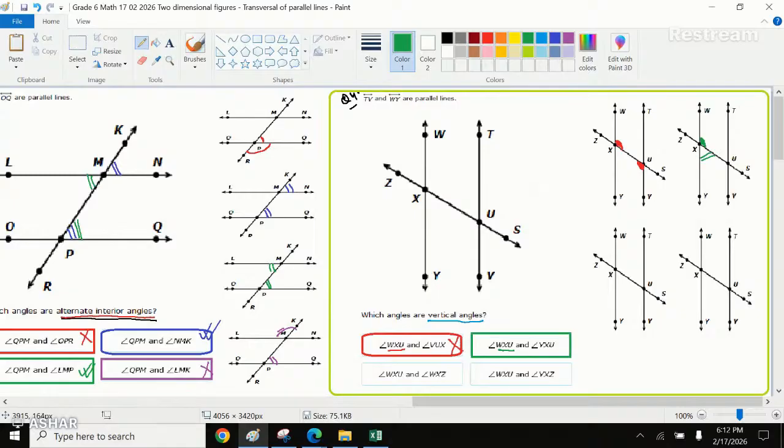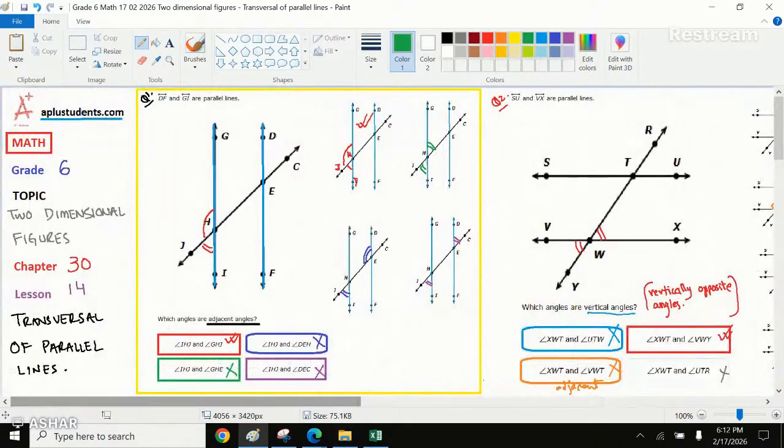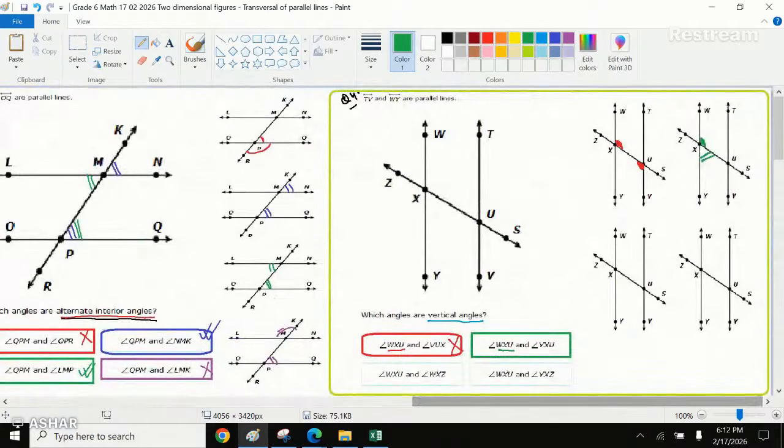Are these two vertical angles? We saw that whenever two angles are on a straight line, they were adjacent angles, right? So we can say these are adjacent and they are not vertical angles.